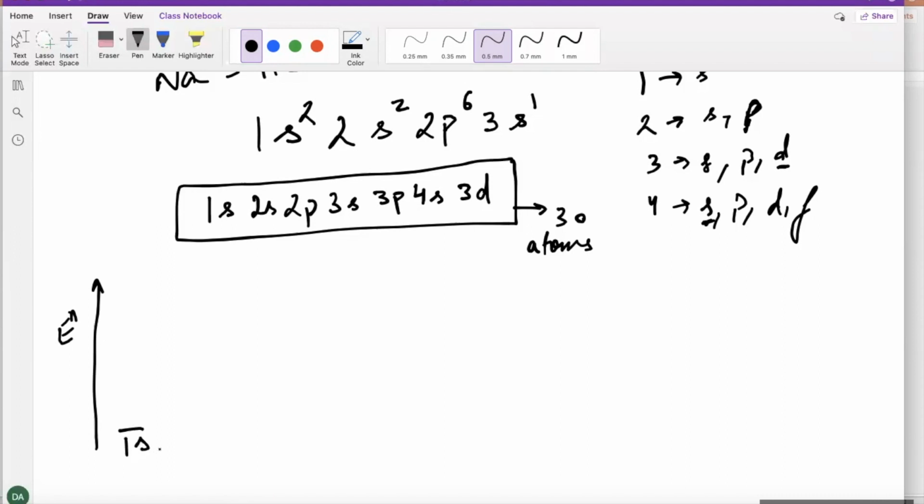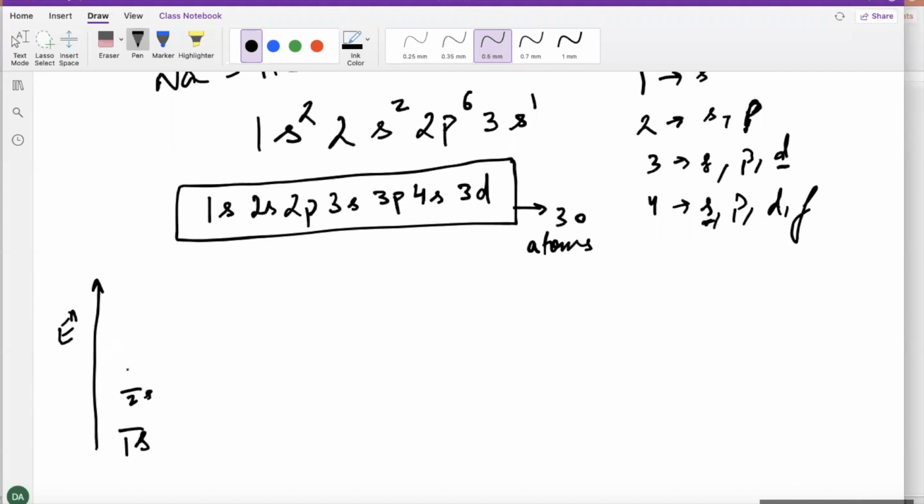Electrons like to go to more stable and less energetic orbitals. So the orbitals that are lower energy are more stable. So electrons want to be more stable. They want to go to 1s first. Then they will go to 2s. When I draw 2s higher than 1s on the y-axis, what does that mean? That means that 2s has more energy than 1s. So electrons will first go here. If this is full, then they will go here.